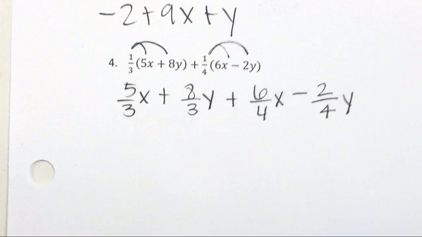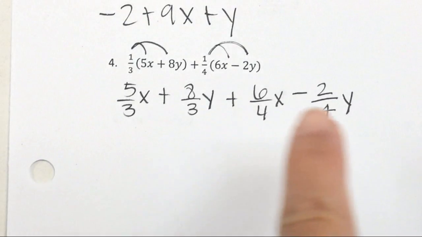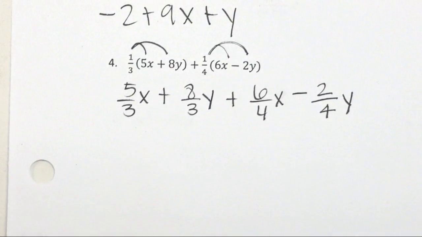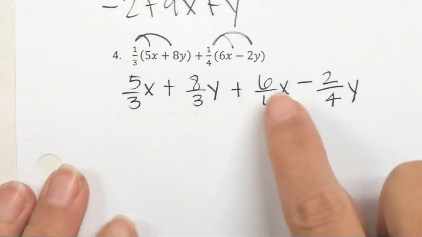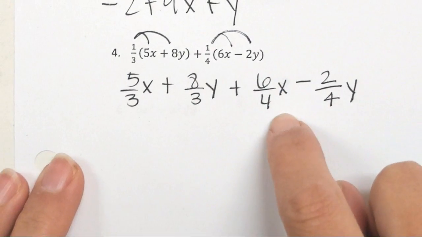Okay. Alright, so we could simplify these first, right? Or do y'all want to find a common denominator? It doesn't matter which one you do first, you'll get the same answer. So do y'all want to simplify these first or find a common denominator?